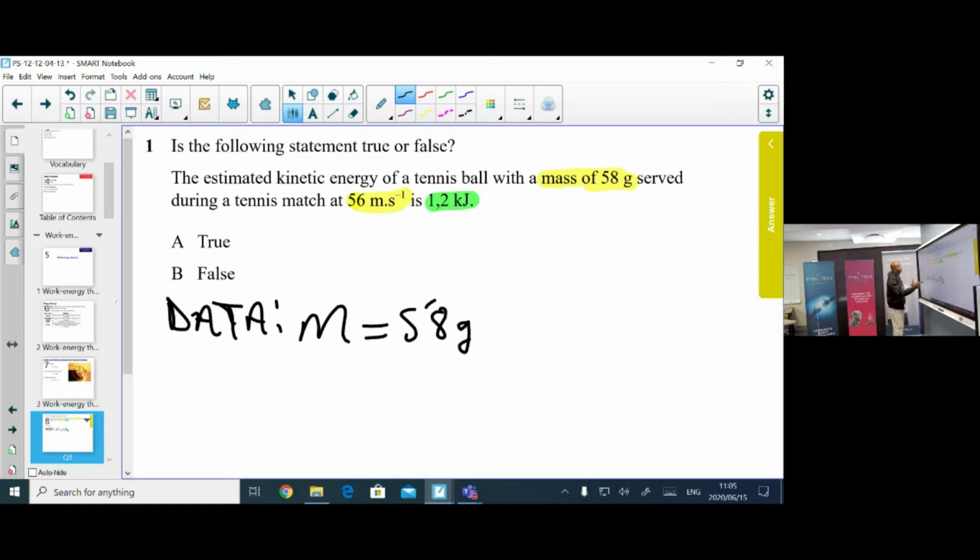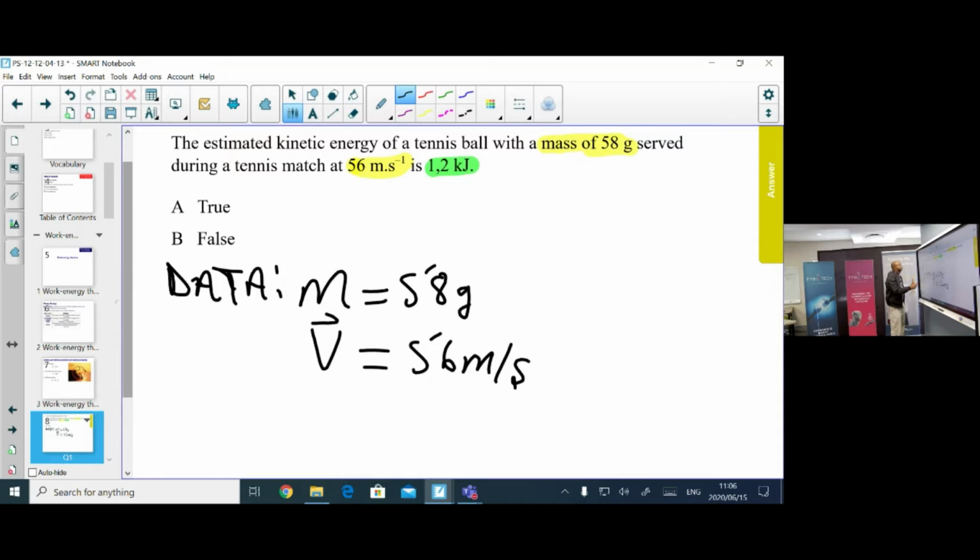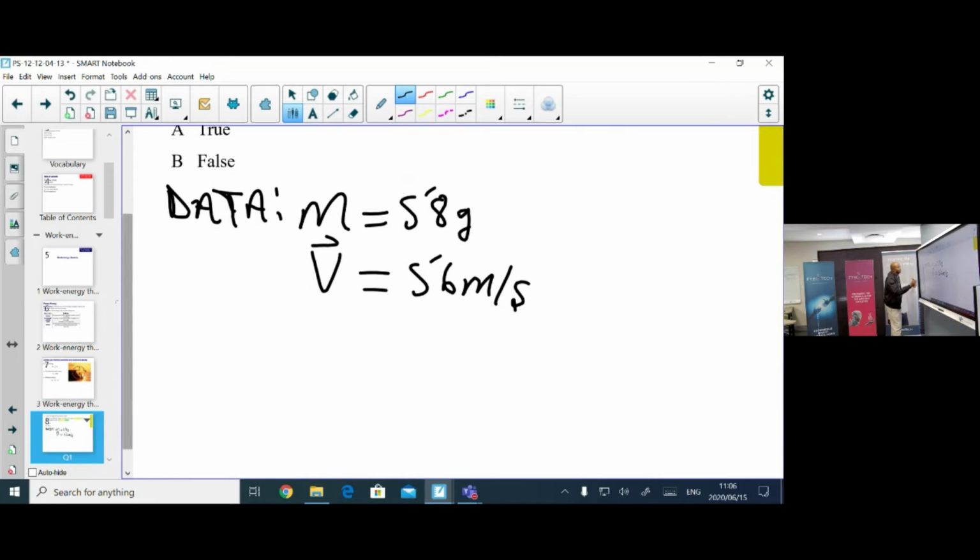We have been given the velocity, which of course is a vector, equal to 56 meters per second. And what else? We want to prove whether this kinetic energy is 1.2 kilojoules. All right, let us prove that. How do we do that?